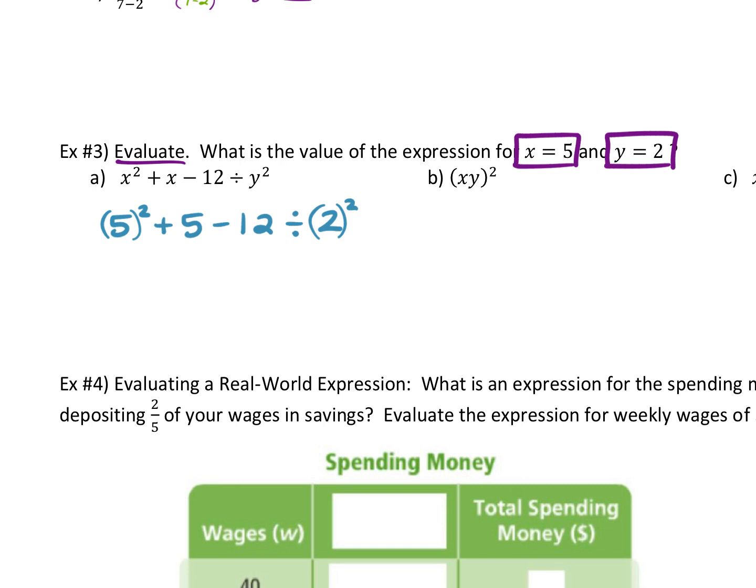What do you do first on these? The exponent. So it's 25 plus 5 minus 12 divided by what? 4. What do you do next? 12 divided by 4. 25 plus 5 minus 3.